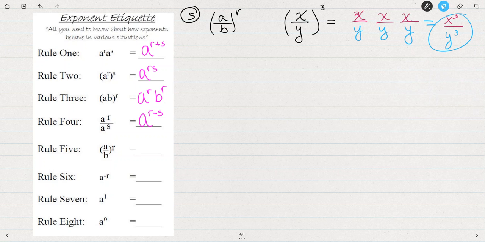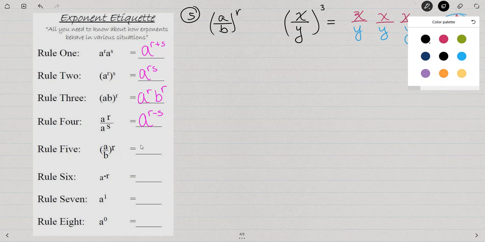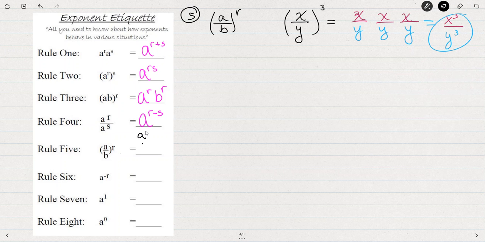And so in the same way, for our generalized rule, we could distribute that r to have a over b raised to the r power is a to the r over b to the r. Or when we raise a quotient to a power, we could break it up into the 2 pieces.